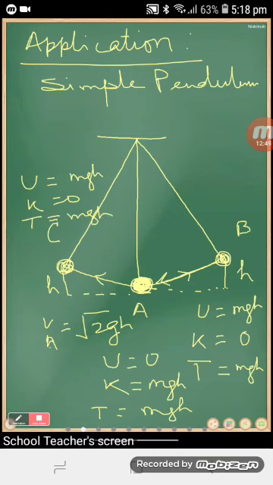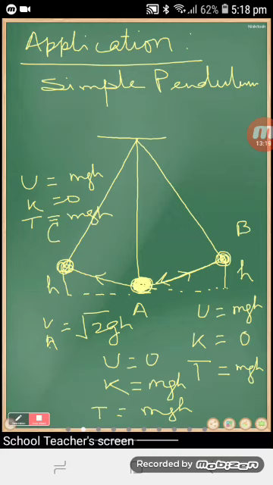Hence we can say that the principle of conservation of energy is being applied over here also. The energy remains conserved during the oscillation of the bob from one extreme position to the other, and hence the principle of conservation is obeyed here also.